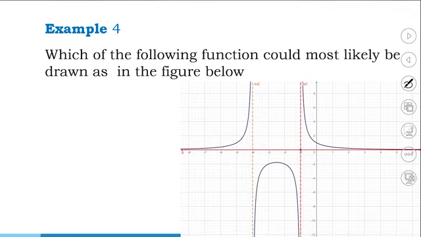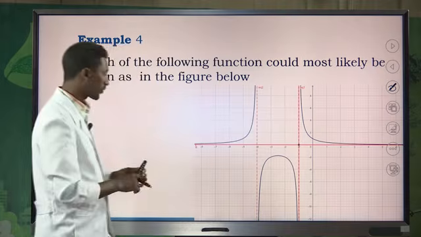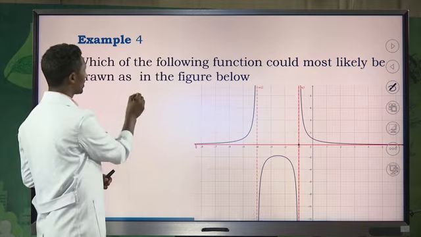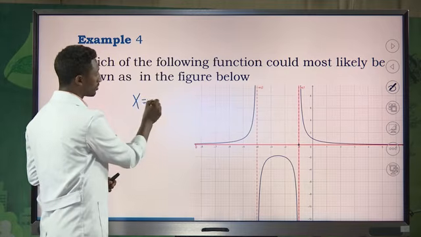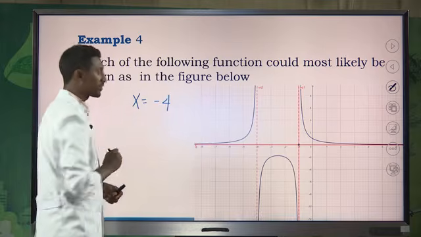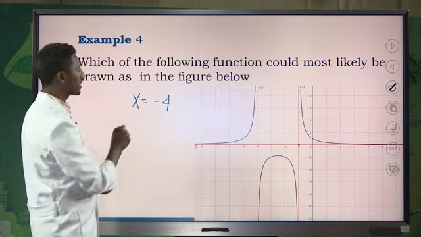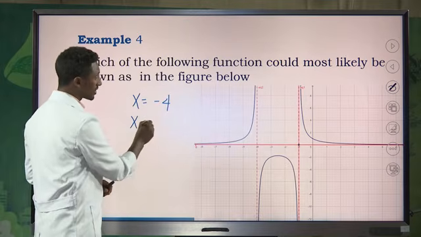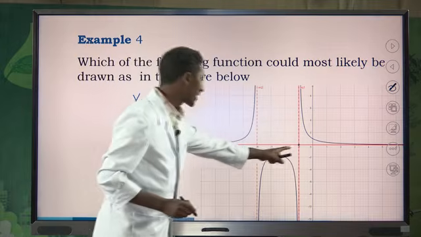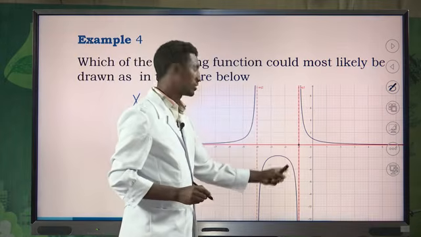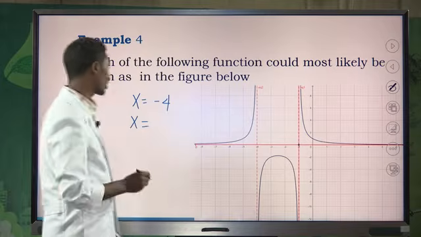So what could be the equation of a rational function that can represent this graph? From this we have this information: x equals minus 4 is one of the vertical asymptotes. Then the other one is x equals minus 1.